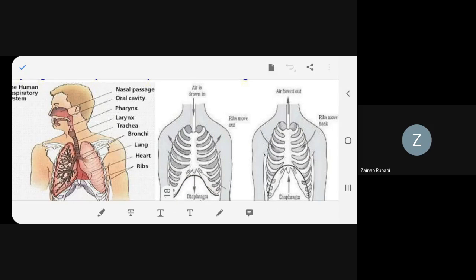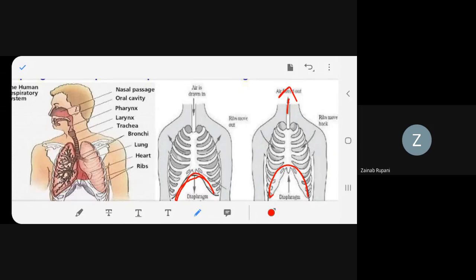Now look over here. The air is forced out. Air is going out because the diaphragm has gone up. See, the diaphragm is over here and the diaphragm is here. Look at the difference. It is pushing the lungs to squeeze so that air comes out with a force. And the ribs come back to the original position.